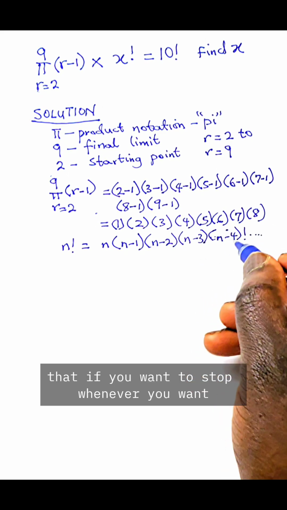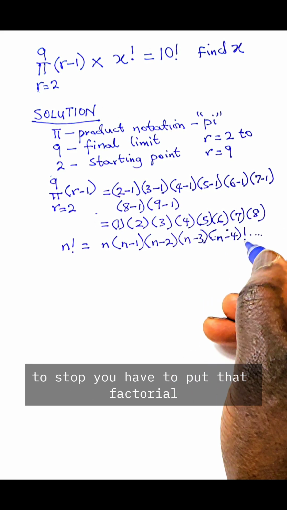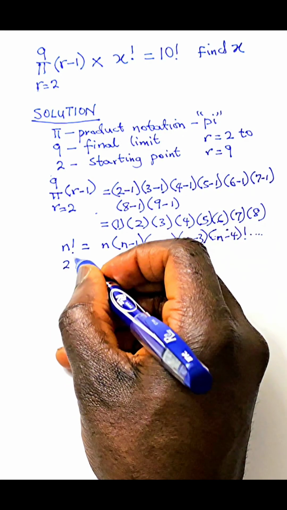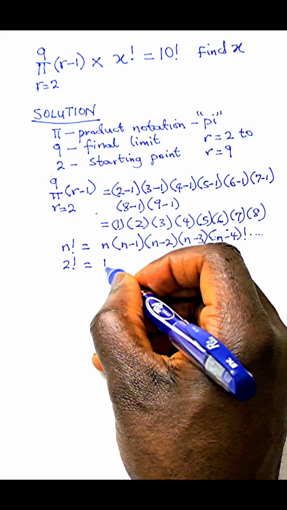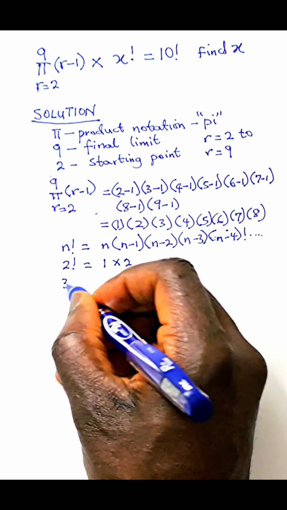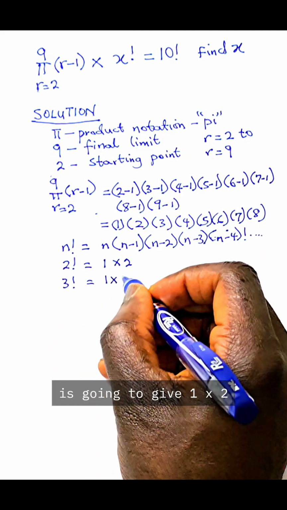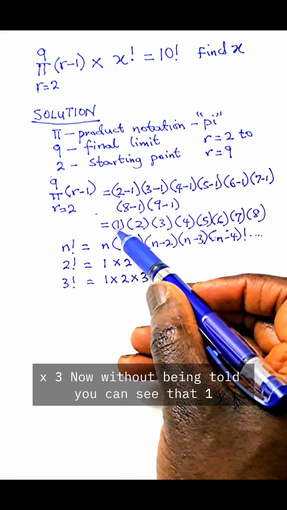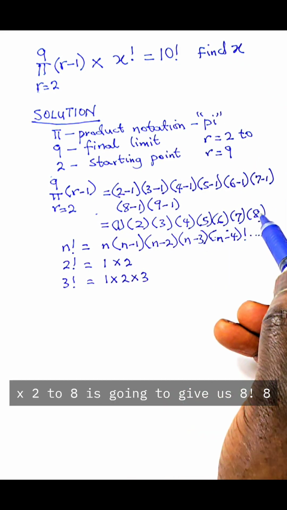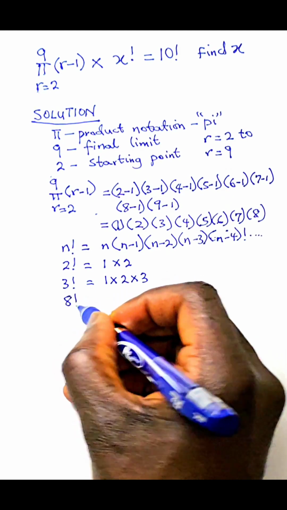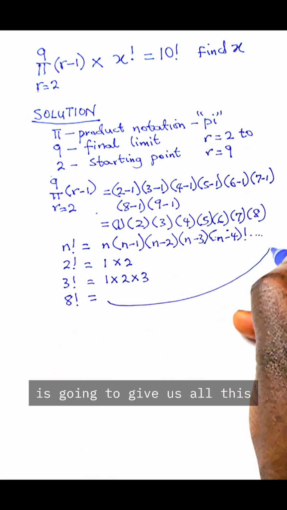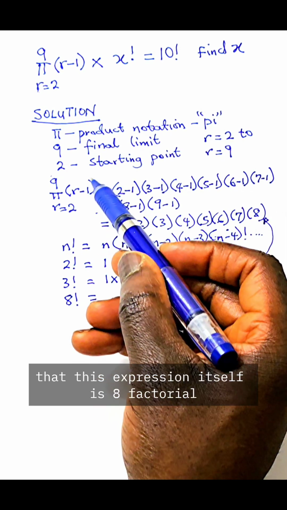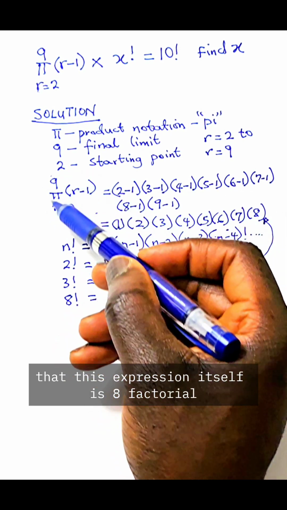Whenever you want to stop, you have to put that factorial. So 2 factorial is going to give 1 times 2. 3 factorial is going to give 1 times 2 times 3. Without being told, you can see that 1 times 2 up to 8 is going to give us 8 factorial. It shows that this expression itself is 8 factorial.